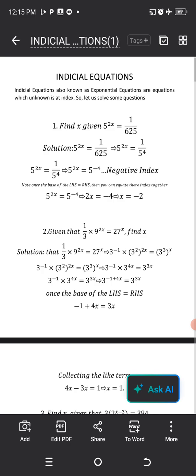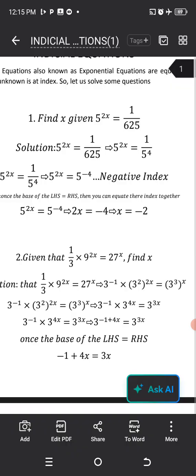You are asked to find x, given that the unknown is at the index: 5 raised to power 2x equals 1 over 625. The solution says 5 raised to power 2x equals 1 over 625, which equals 1 over 5 raised to power 4.